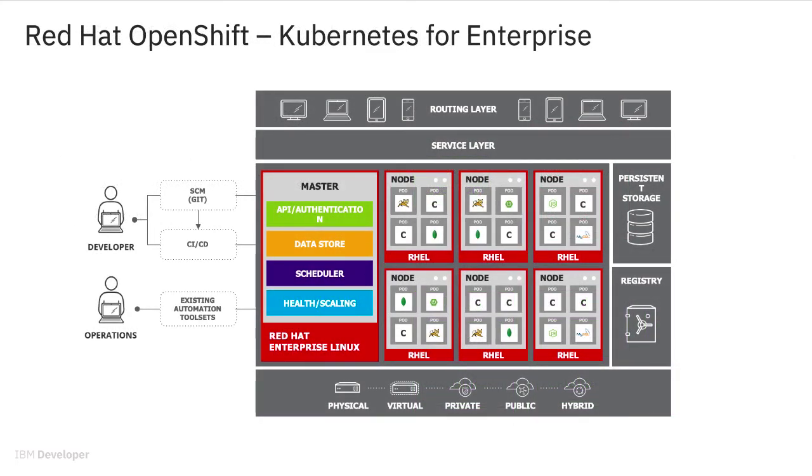Here is a more detailed diagram of Red Hat OpenShift, which provides Kubernetes and a number of other services around Kubernetes so that it's suitable for enterprise deployments.